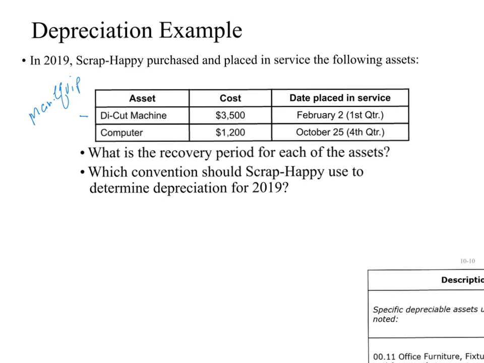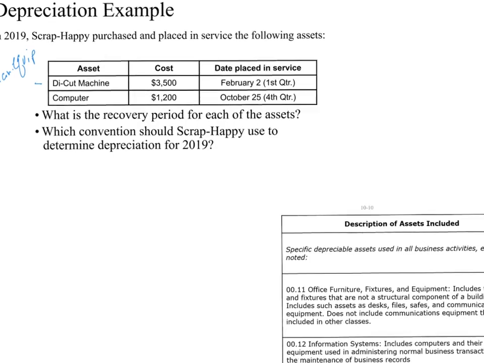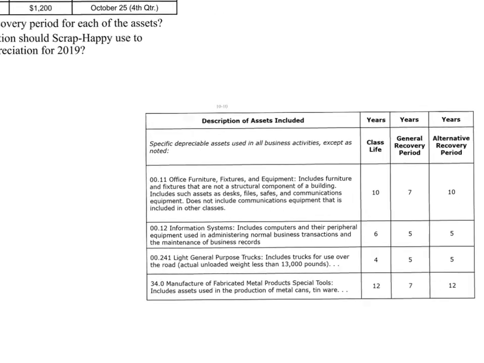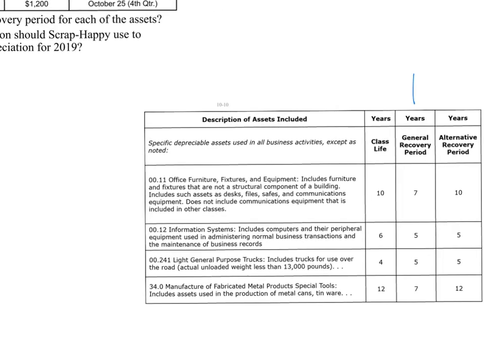One was placed in service in the first quarter and one in the fourth quarter. The first question is, what is the recovery period for each of the assets? In order to figure that out, we need to come over here. And remember, we're going to look at this middle column.